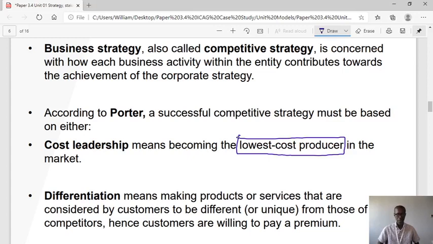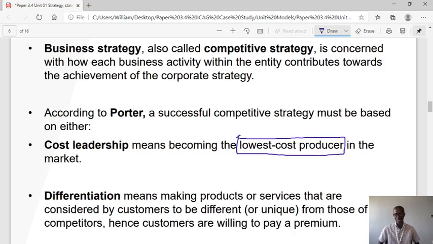Meanwhile, another strategy will be to use differentiation. And this means making products or services that are considered by customers to be different or to be unique from those of your competitors. So you want to make sure that your product or services are different.